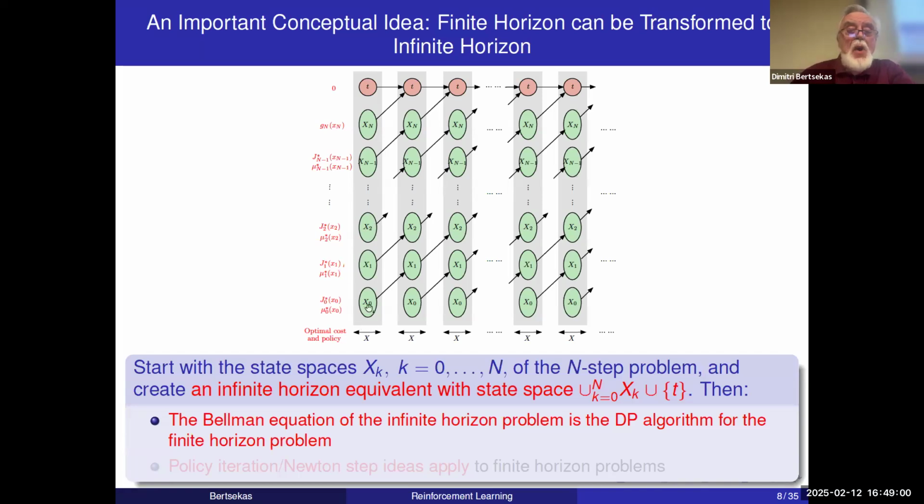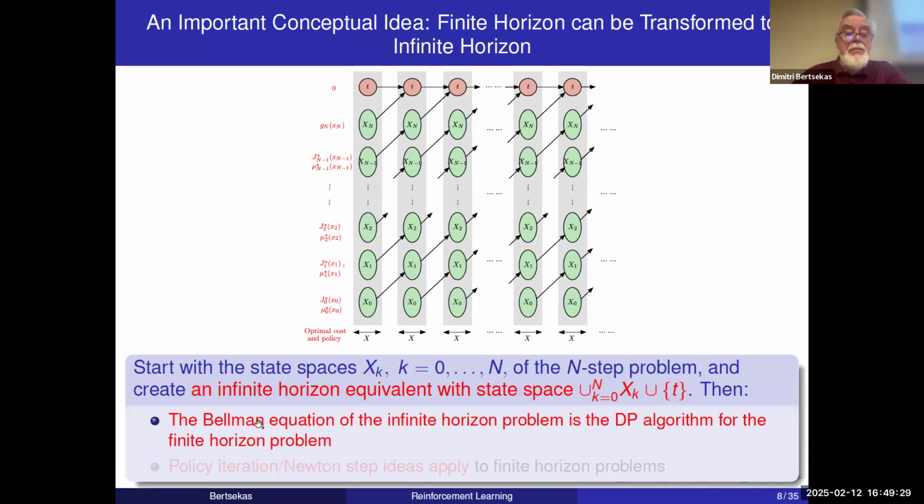So if you calculate the optimal cost function of the infinite horizon problem, J star, for each one of these states, what you will get is the tail subproblem cost functions, from J0 star to J1 star, J2 star, and so on, all the way to the end. And of course, this terminal cost function is just the terminal cost of the problem, Jn star.